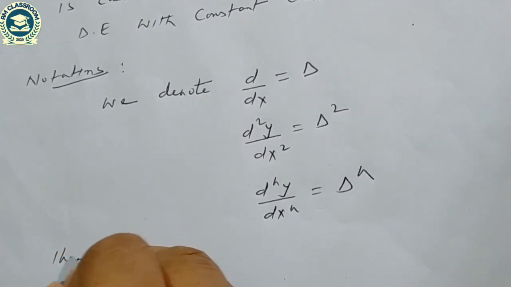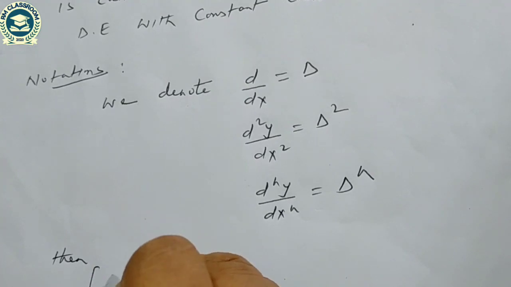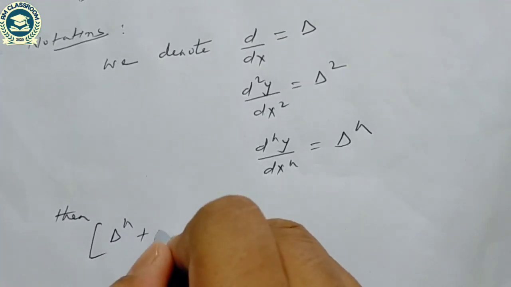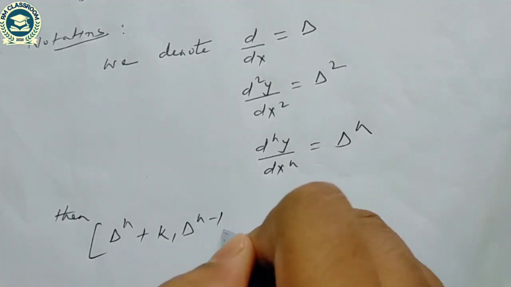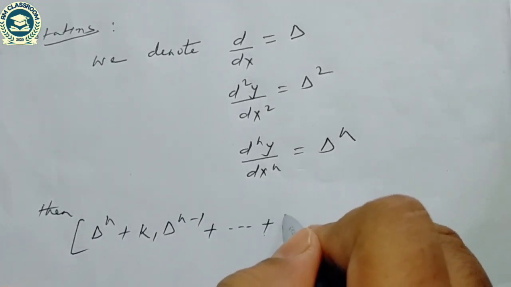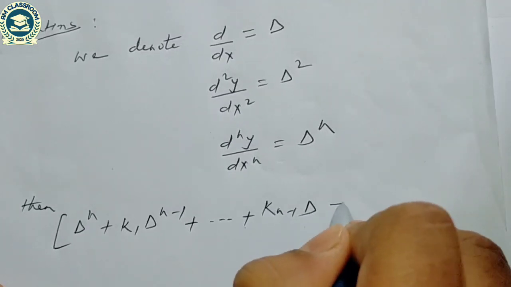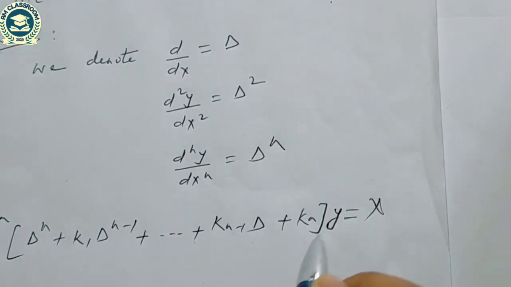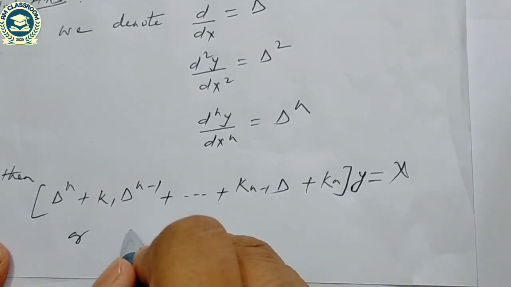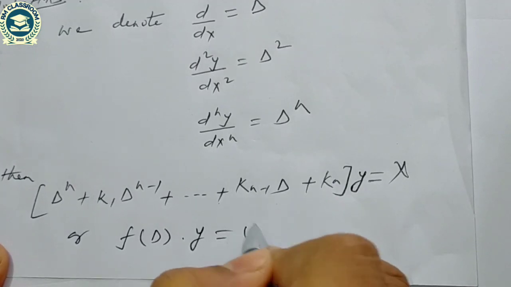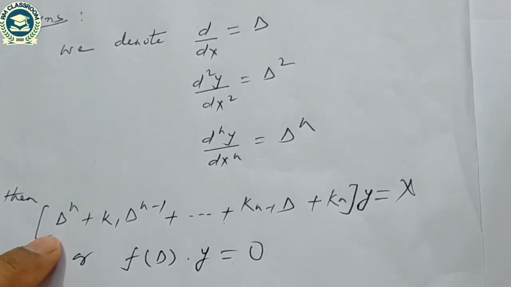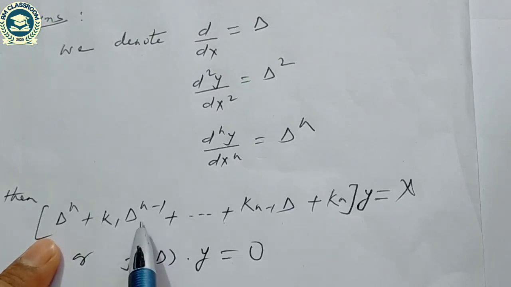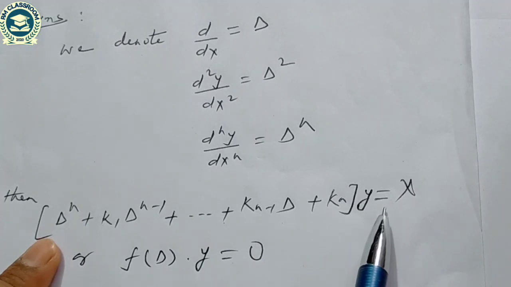Then the differential equation can be written as D^n plus k1 D^(n-1) plus so on and so forth plus k(n-1) D plus kn, acting on y, is equal to x, or f(D) y is equal to 0.